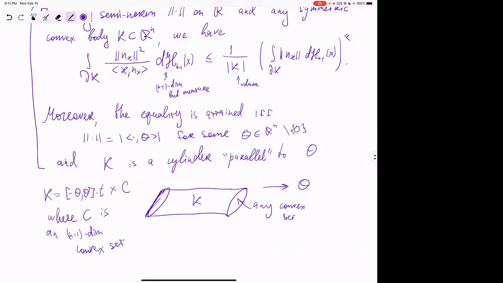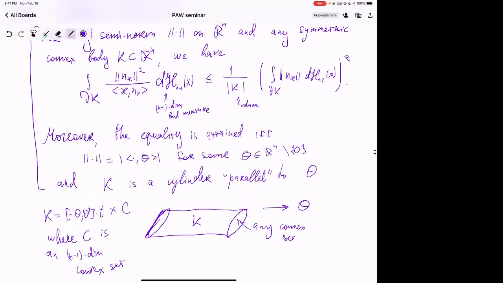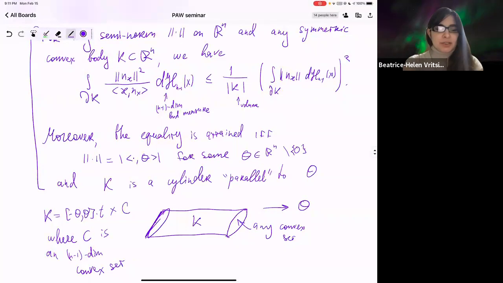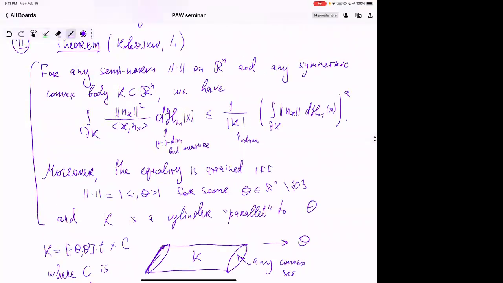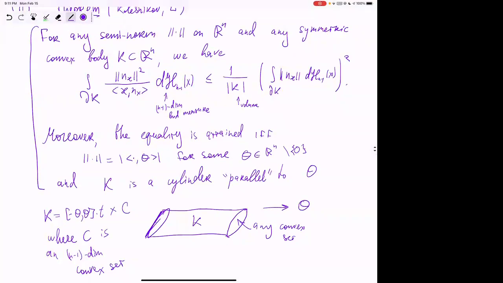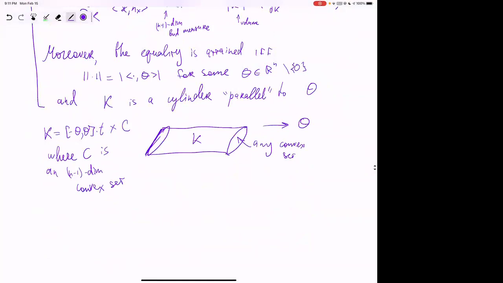Like I said, K is a symmetric convex body. So C is any symmetric convex n-1 dimensional body, in the sense that it's a body in n-1 dimensions.